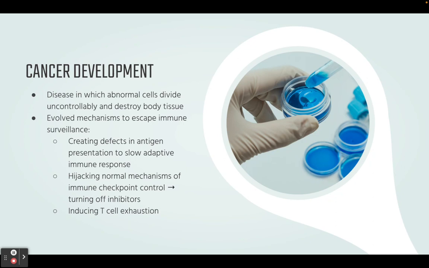For example, just a few: it creates defects in antigen presentation to slow your adaptive immune response. It can hijack normal mechanisms of immune checkpoint control, like CTLA4 and PD1 that I described in the last slide, by turning those off, and it also induces T cell exhaustion, which basically means your T cells might be effective at the beginning, and then they get less and less effective.